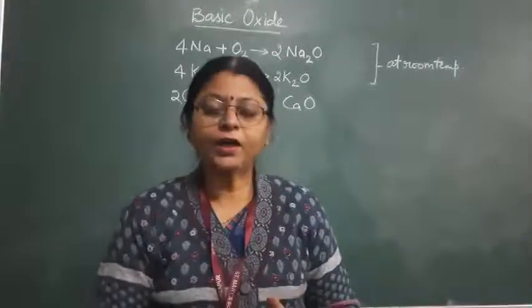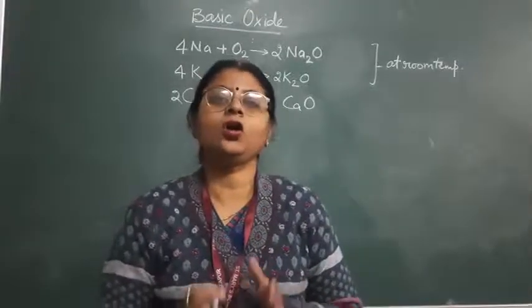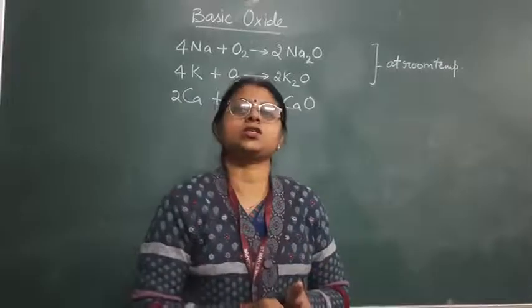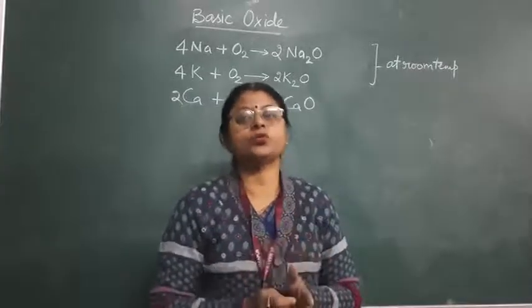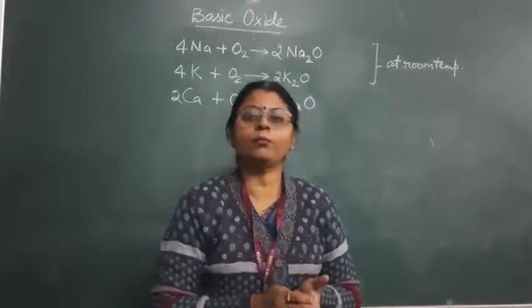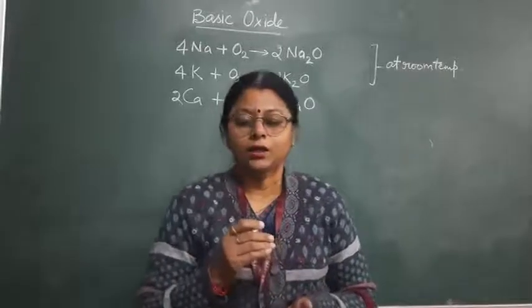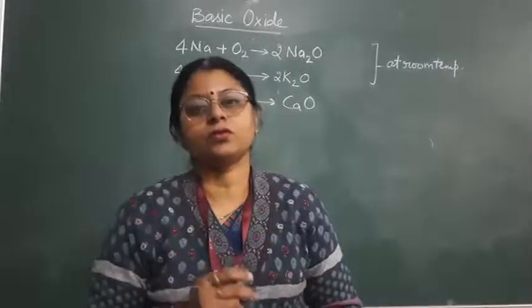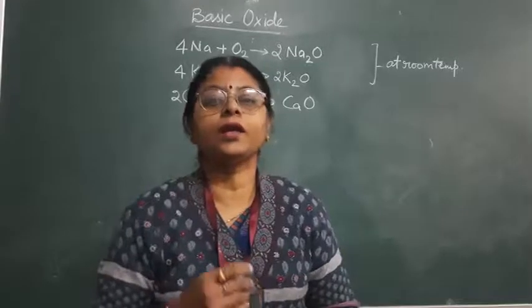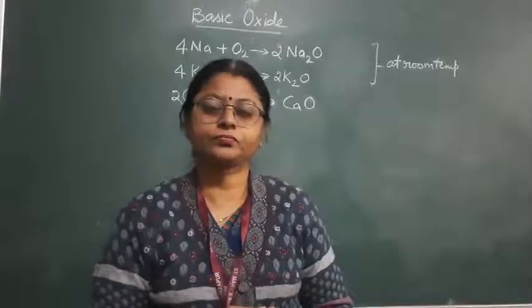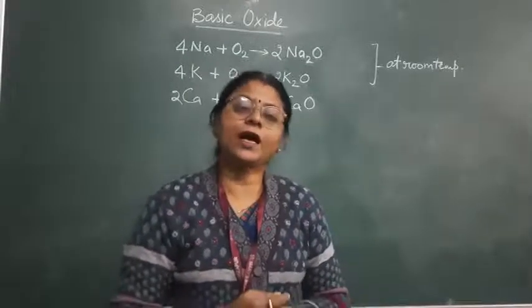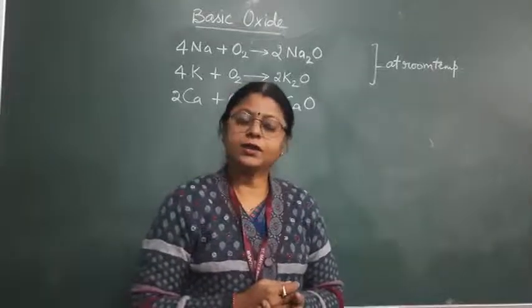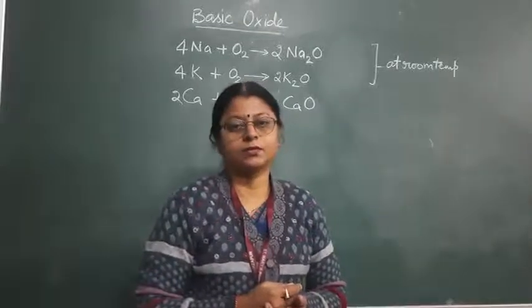So, to prevent their oxidation or reaction with oxygen, we have to store potassium and sodium metal under kerosene or an inorganic solvent, in which the reaction doesn't take place.